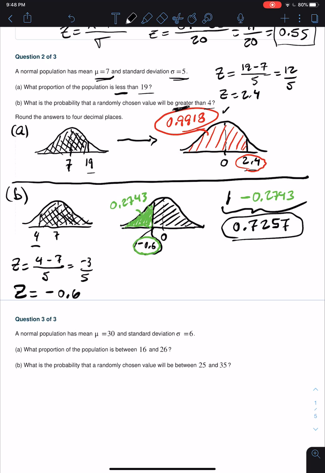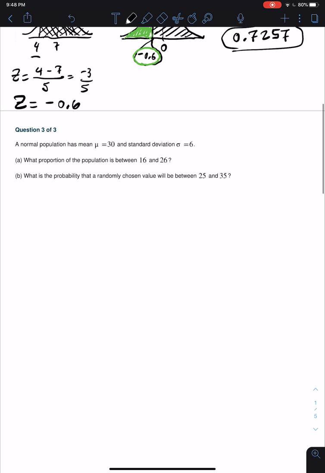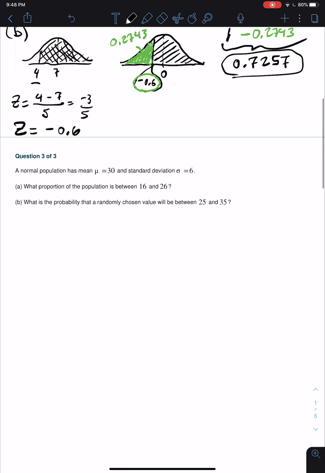Okay. Let's see, now what are we going to do? Let's take a look at question number 3 down here. And this one, at least we have a lot of space to work with. That's great. And we've got 2 parts. A standard normal population has a mean of 30 and a standard deviation of 6.